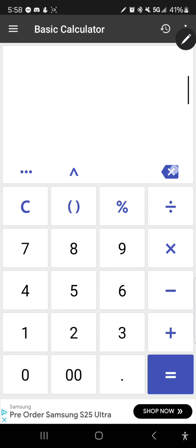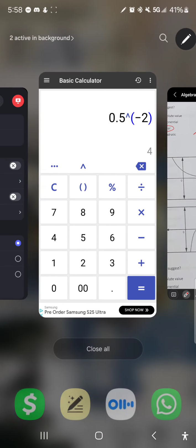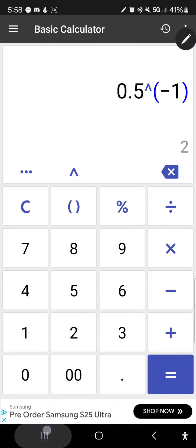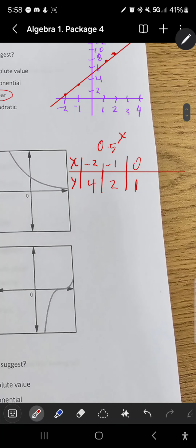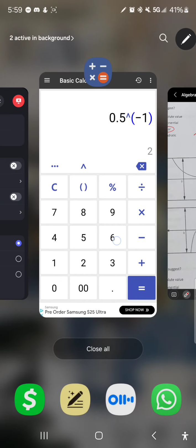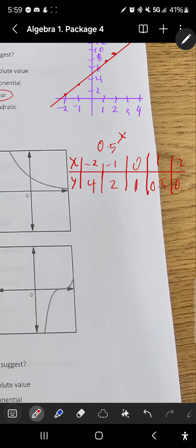Then 0.5 to the negative 2 equals 4. 0.5 to the negative 1 equals 2. 0.5 to the 0 equals 1. 0.5 to the 1 equals 0.5, and 0.5 to the 2 equals 0.25. I'm sorry, it's 0.25.